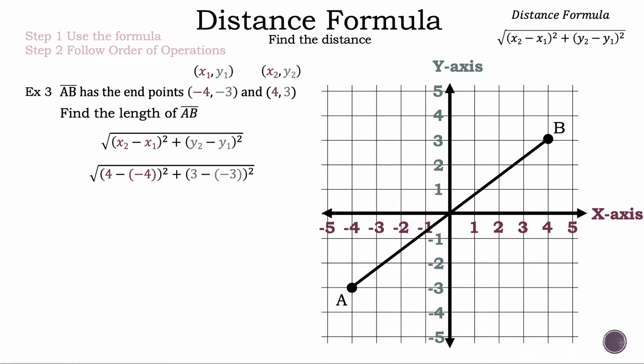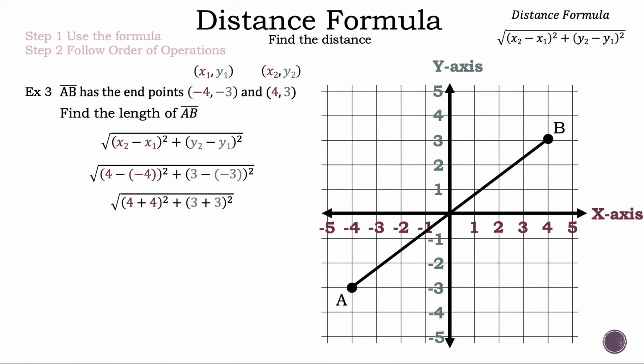And now we have the square root of 4 minus negative 4 in parentheses squared plus 3 minus negative 3 in parentheses squared. Let's continue by doing the order of operations, and we're going to simplify in the parentheses. First, getting rid of our double negatives and making them a positive.